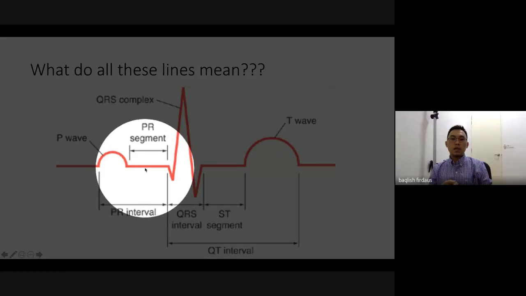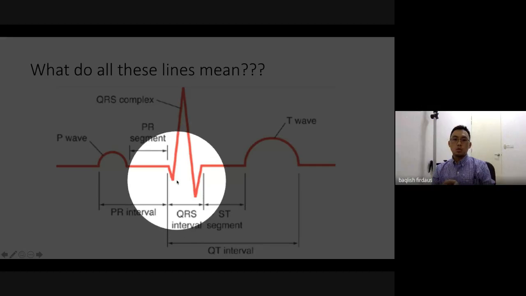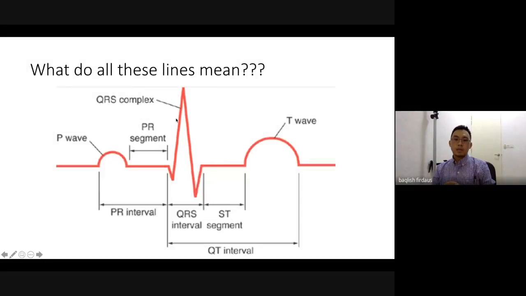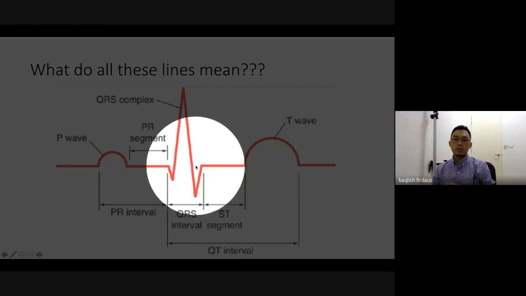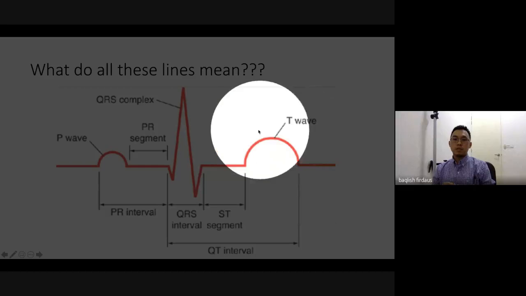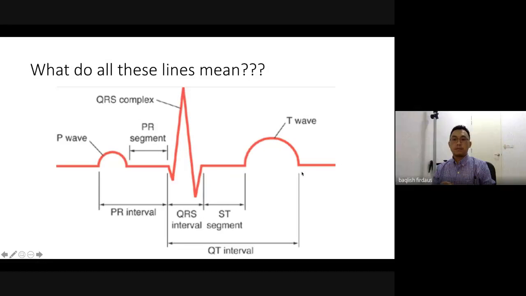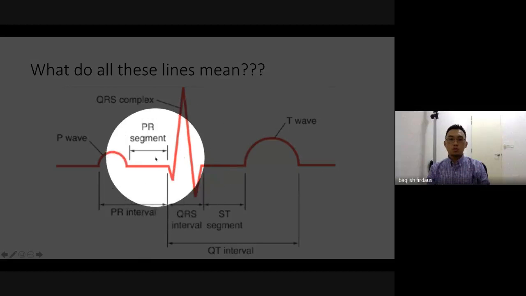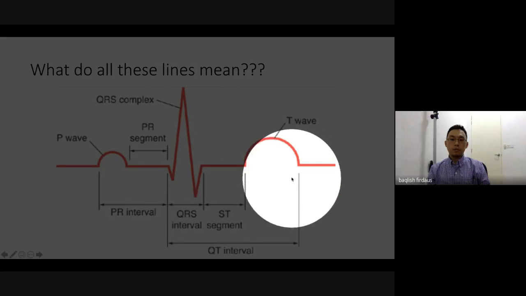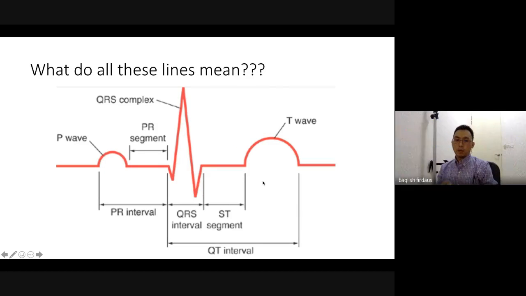Then the first negative deflection is Q. Then the second positive deflection is R. Then the second negative deflection is S wave. Then the third positive deflection is T wave. Then the fourth deflection is U wave, before we have a P wave again. So P, Q, R, S, and T wave. This is very basic. I hope everyone knows this.